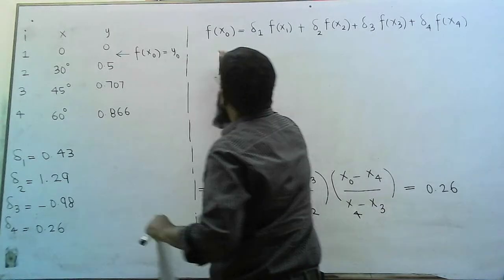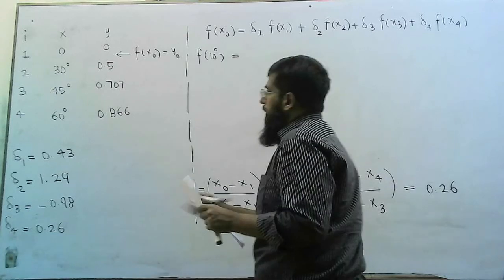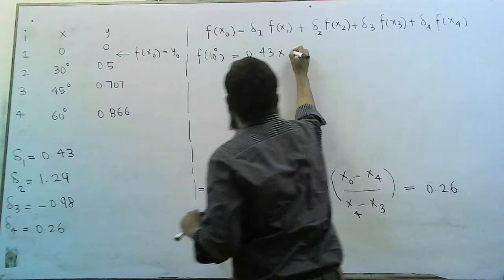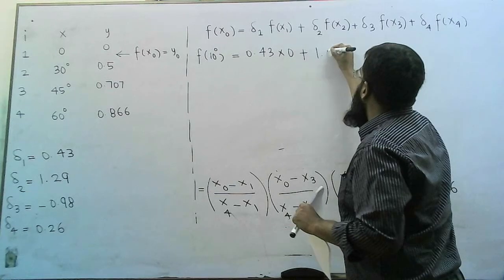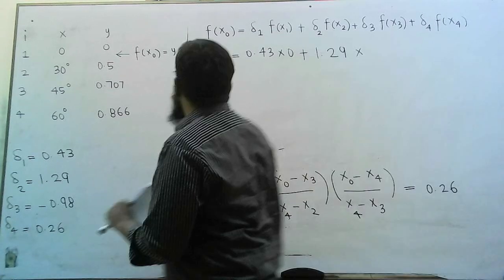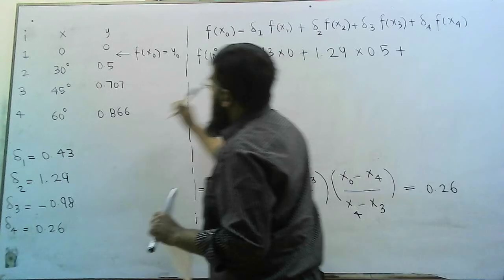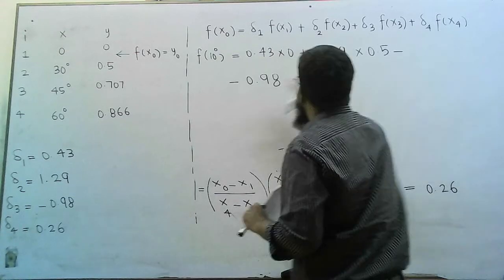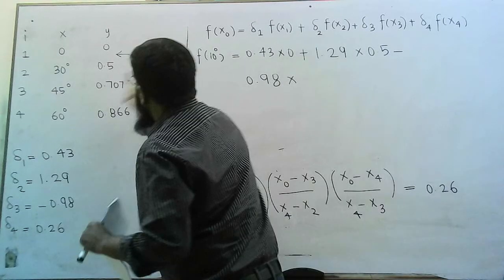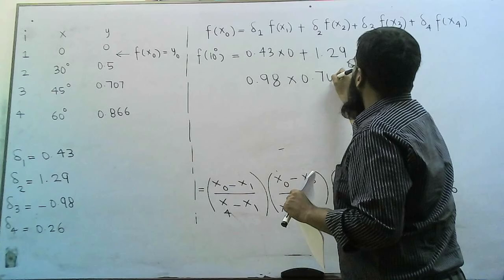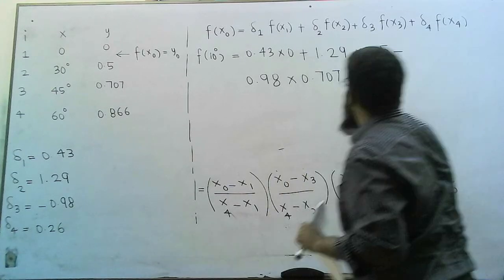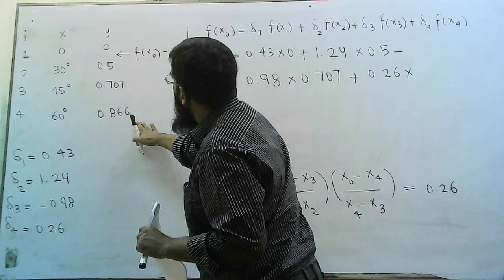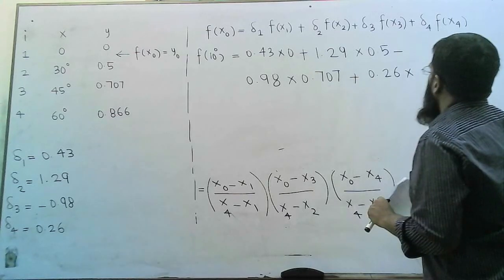F of 10 degrees is del 1, 0.43, multiplied by f of x1, that is 0, plus del 2, 1.29, multiplied by f of x2, that is 0.5, plus del 3, minus 0.98, multiplied by f of x3, 0.707, plus del 4, 0.06, multiplied by f of x4, that is 0.866.